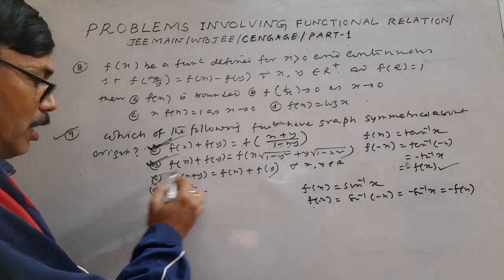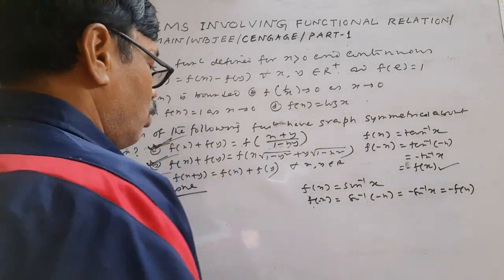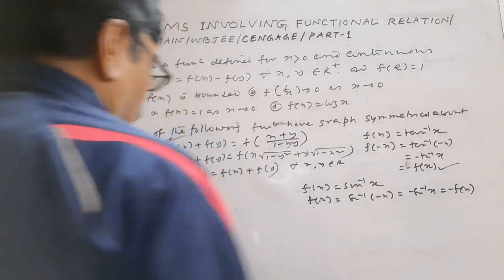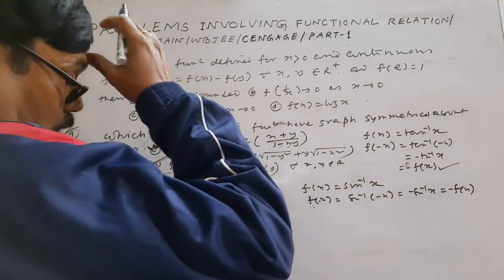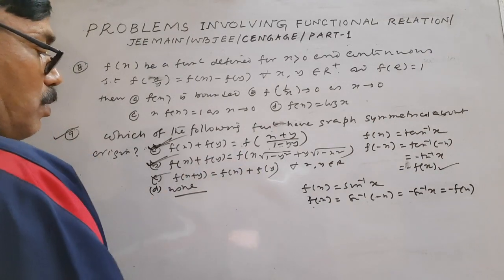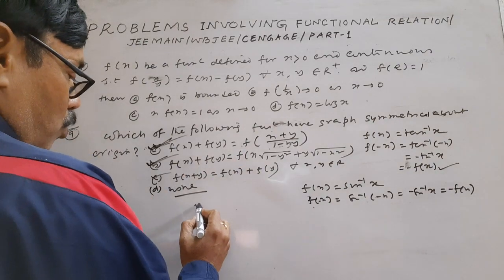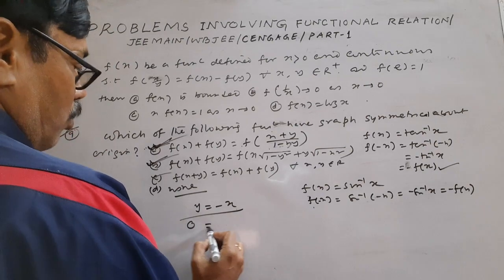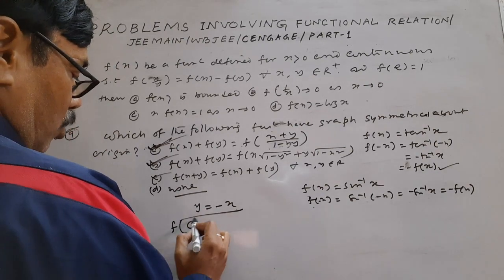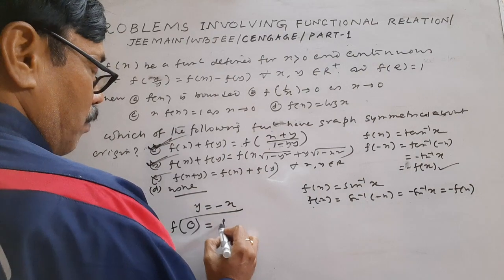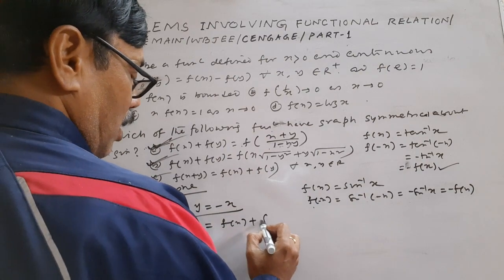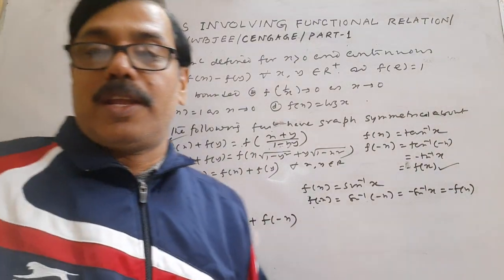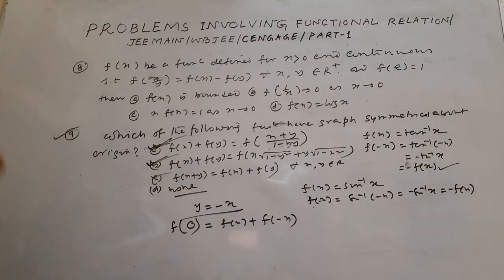Now the third one, f(x + y) = f(x) + f(y). We have already discussed this problem. If we put y = -x, then f(0) = f(x) + f(-x).